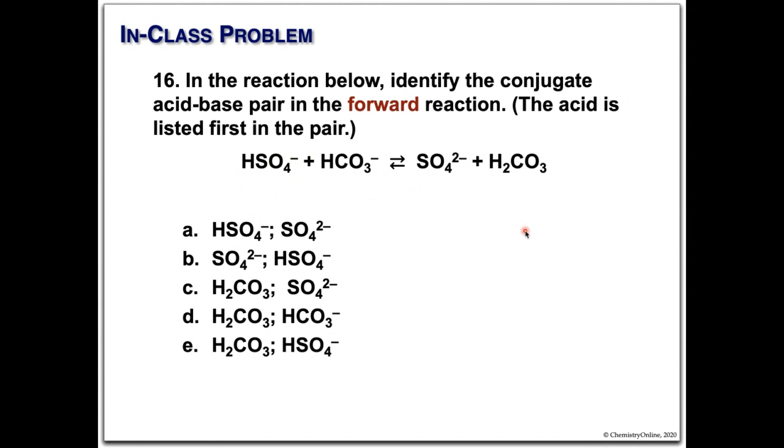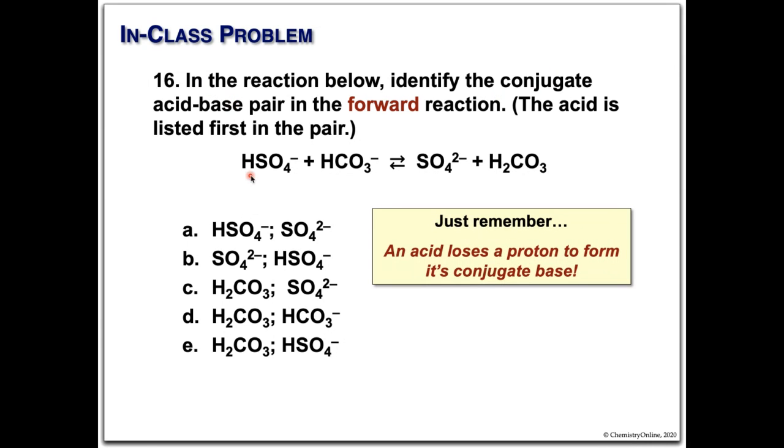So in this, identify the conjugate acid-base pair. Now what do we remember? The acid is the thing that loses the proton, and when it does, it forms the conjugate base. So the question here is, who is losing the proton? Look at the products. This is hydrogen sulfate.